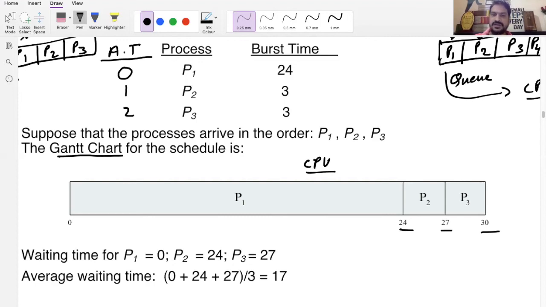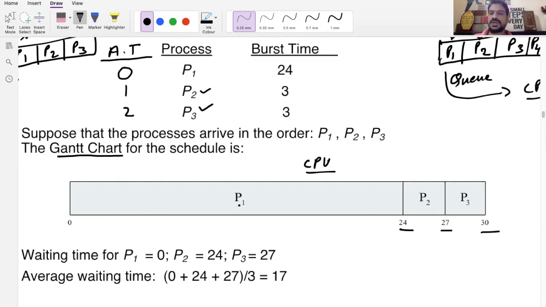Then after that, which will come? P2 will come because it is the second one here. P2 will spend 3 units of time, so from 24 plus 3, 27, it will execute in the CPU. Then P3 will come after that, 27 plus 3, 30. So up to 30 units of time, P3 will be in the CPU for execution.